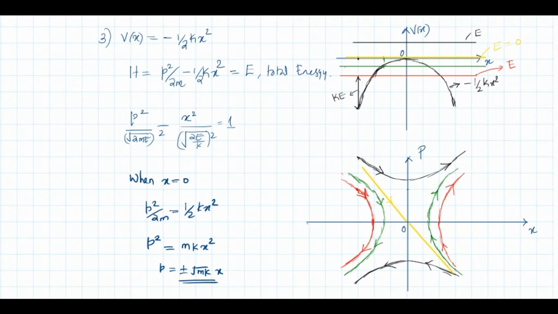Okay, the arrow will be like this. Suppose somehow the particle reaches the point x equal to 0. It will take infinite time actually, but somehow if it reaches x equal to 0, that is actually an equilibrium point. It is the top of a hill.